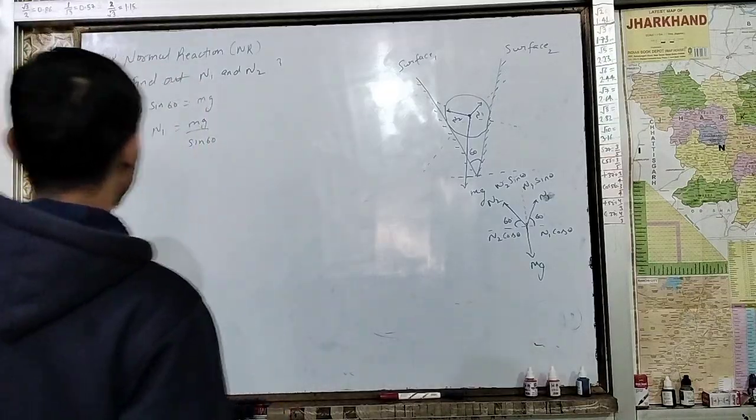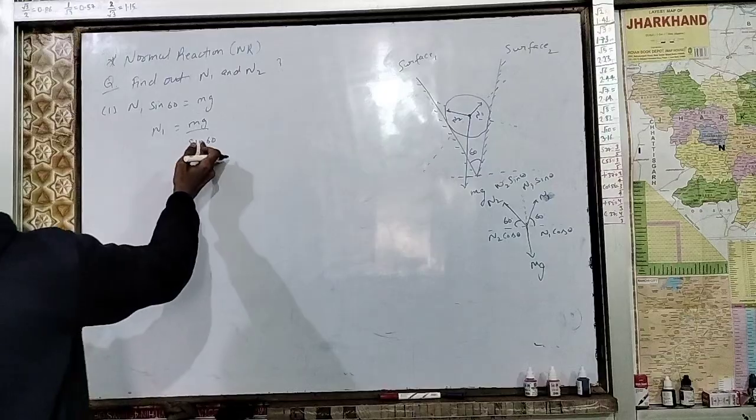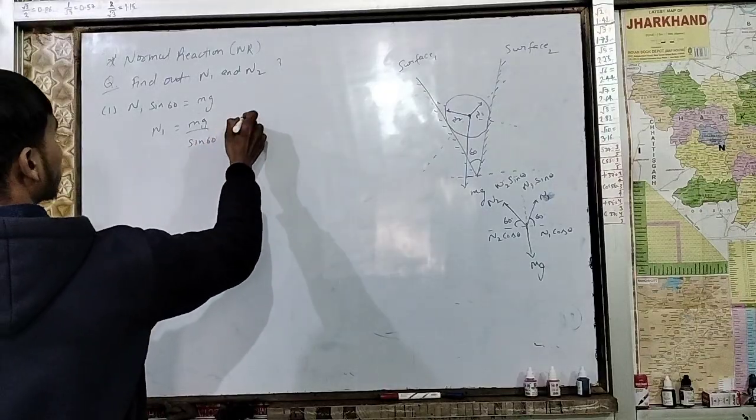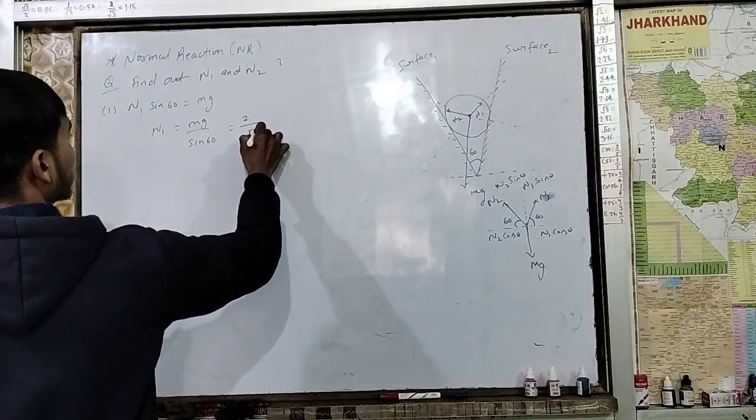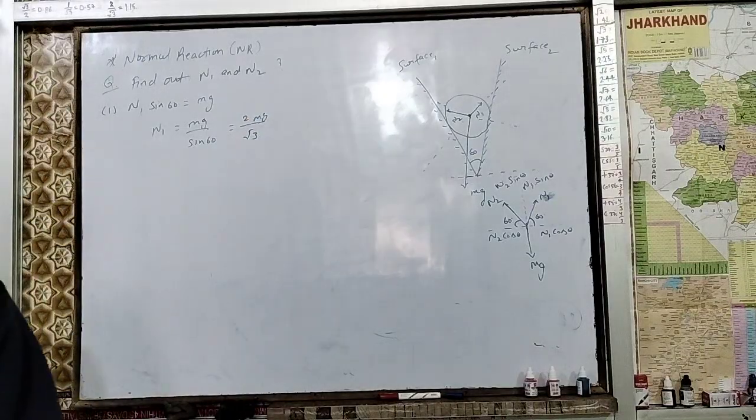The value of sin 60 is going to be root 3 upon 2, but it is in the denominator. This sin theta is in the denominator. So our N1 is 2 upon root 3 mg.